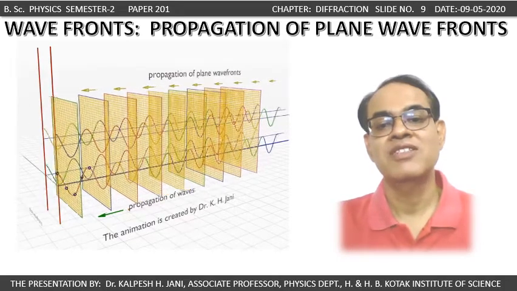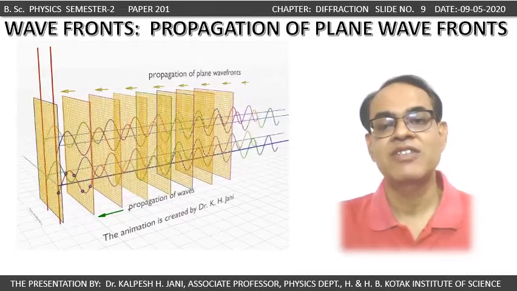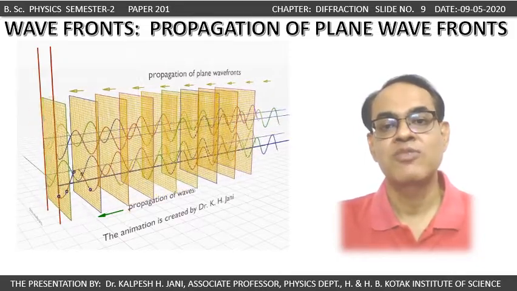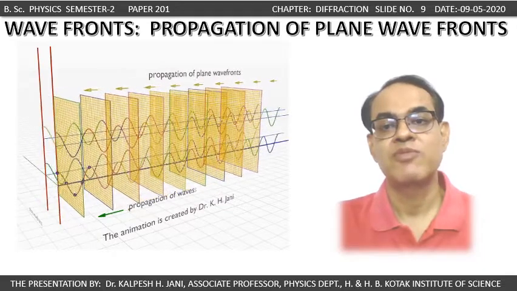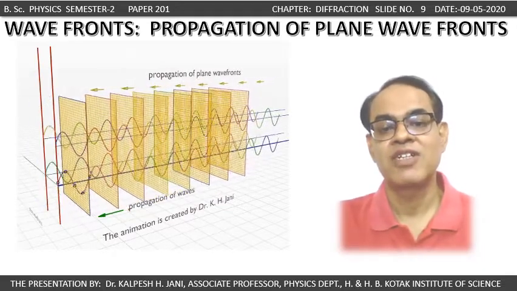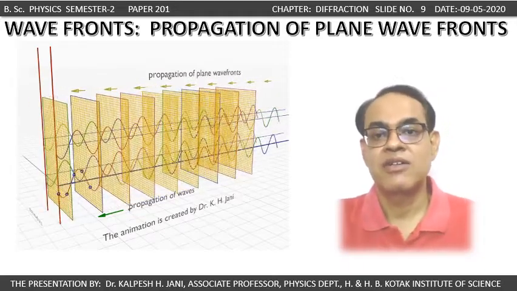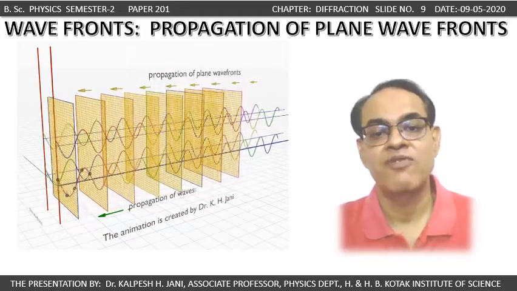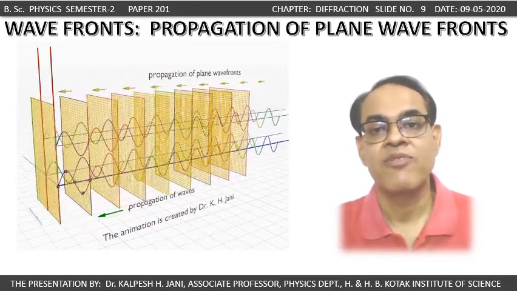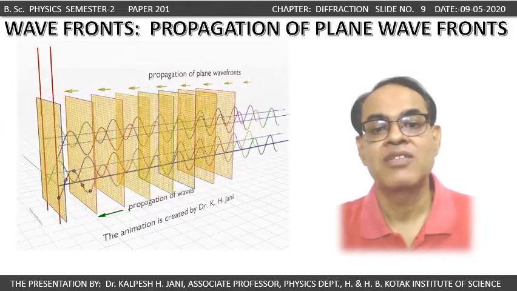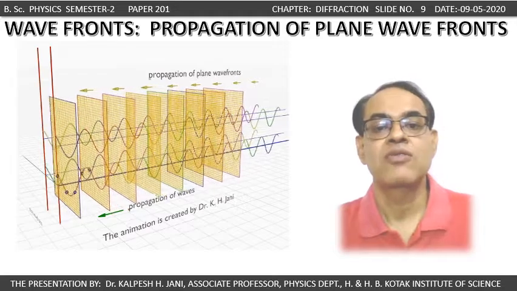Here in this animation you can see, now we can regard the propagation of all waves in terms of the propagation of wavefronts. Here is an example of the motion of plane wavefronts. You can regard these waves by the motion of plane wavefronts. So now let us go.